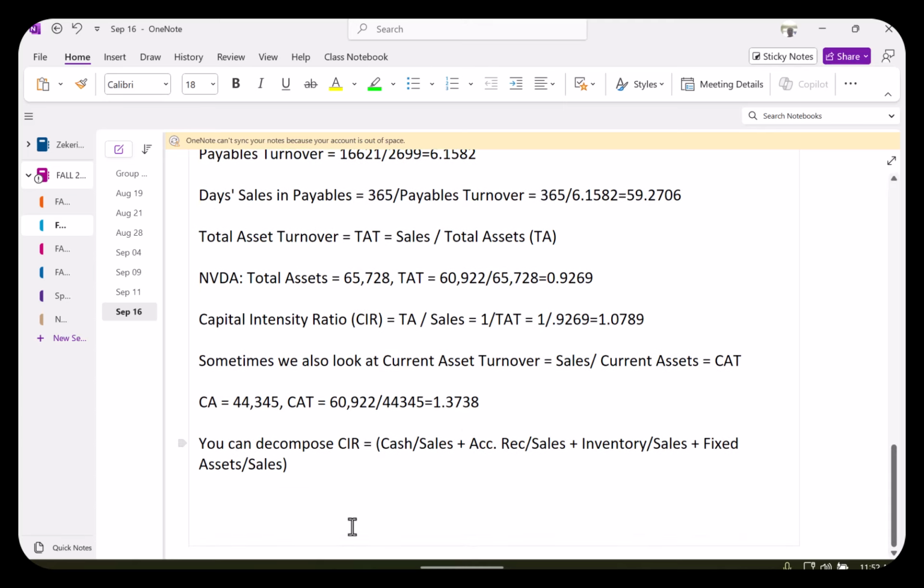Now, let's start talking about profitability ratios. We're going to calculate three of them. Profit margin, shorts PM, return on assets, shorts ROA, and return on equity.